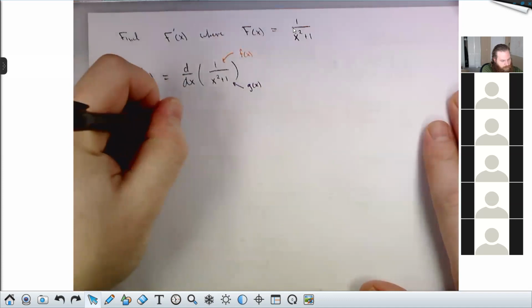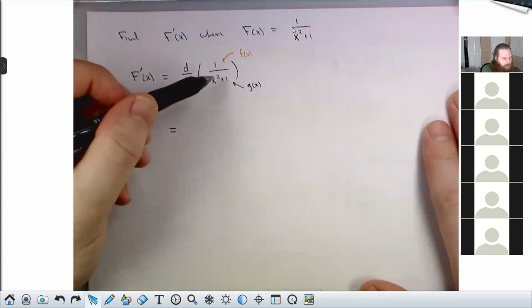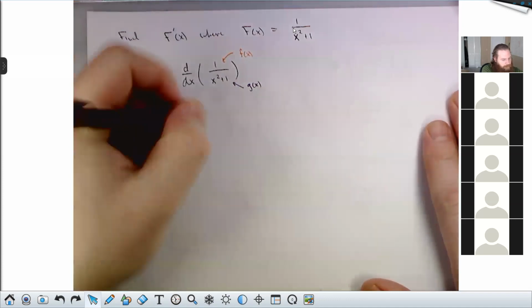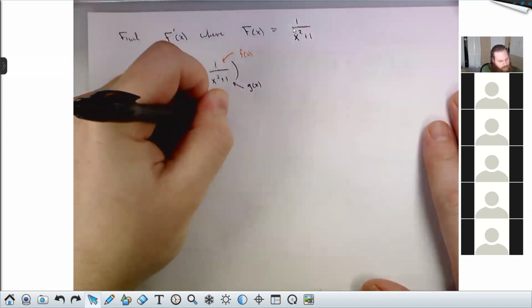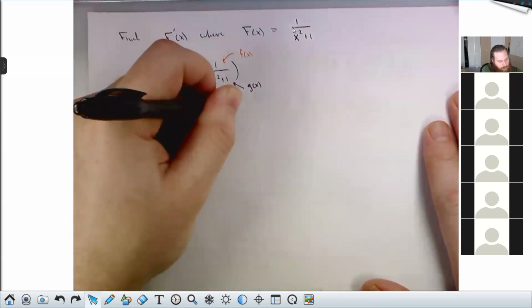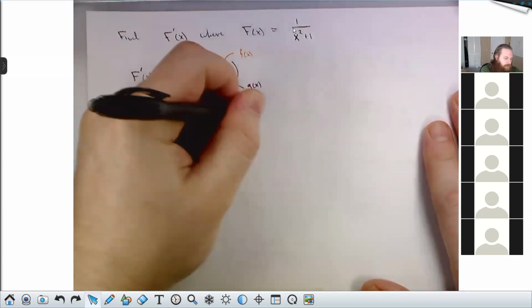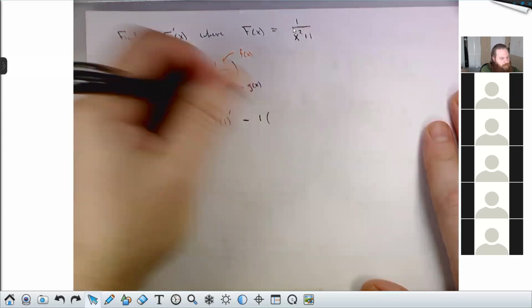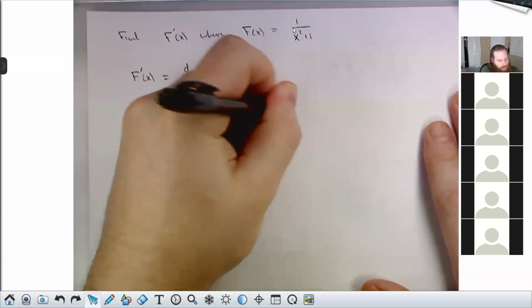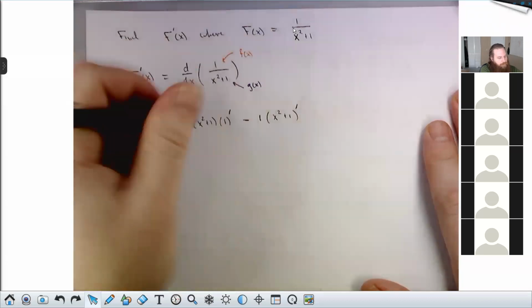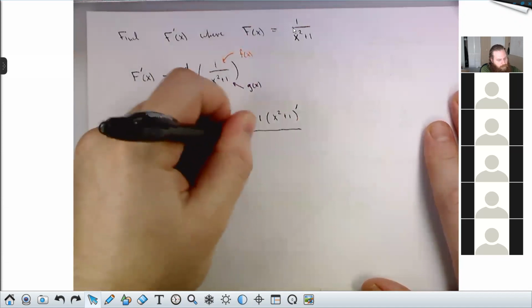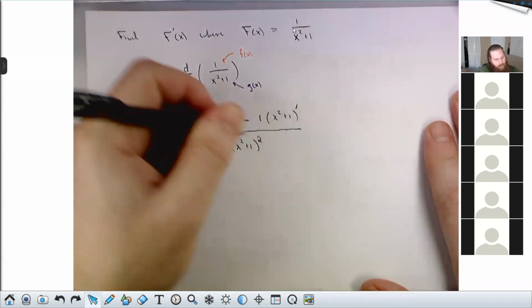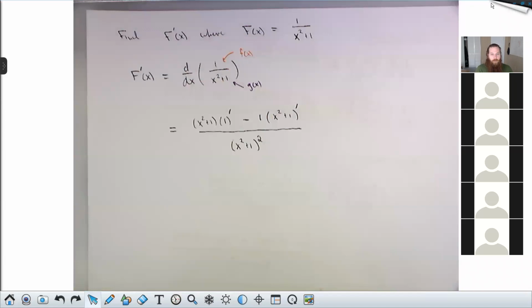So when I go to take this derivative, I'll have the bottom times the derivative of the top, and I'm just going to write it out schematically, times 1 primed, minus the top times the derivative of the bottom, which is x squared plus 1 primed, all divided by the bottom squared. And remember, when you square x squared plus 1, that's not x to the 4 plus 1. You need to square the whole thing, right?